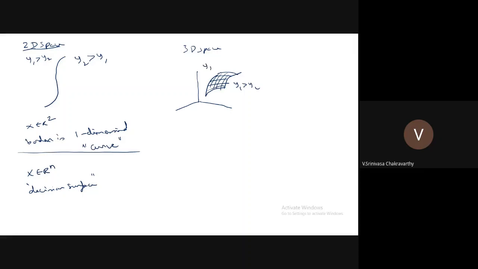This side of the surface, y2 is greater than y1. So here x is right. And this is my g of x equal to 0. So now what is it? This is not a border, right? What do you call this? I mean, assume it's extending to infinity, some very complicated surface, right? So this is a surface, right? This is not a border. What's the dimensionality of this? Since it's a surface, how many dimensions does it have?